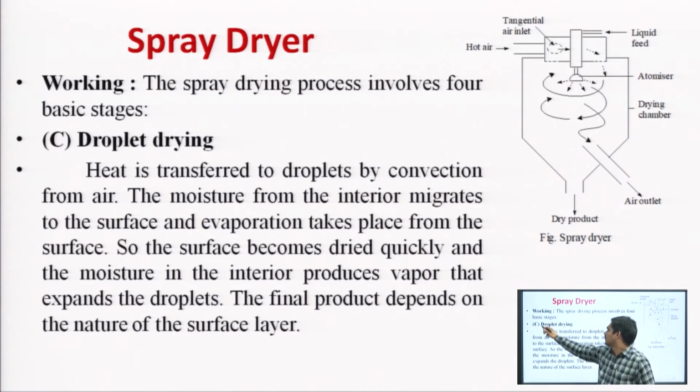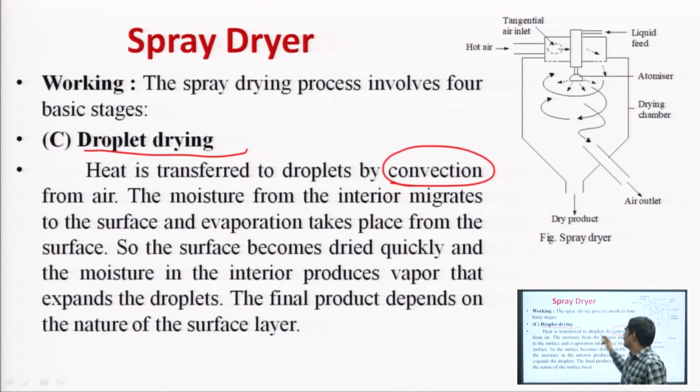Third step in this case is droplet drying. The heat is transferred to droplets by convection from air. So, the mechanism is convection. As heat is transferred to droplets by convection from air, moisture from the interior migrates to the surface and evaporation takes place from the surface.